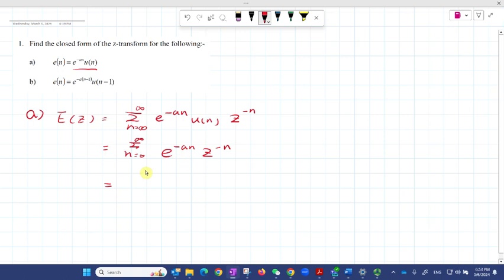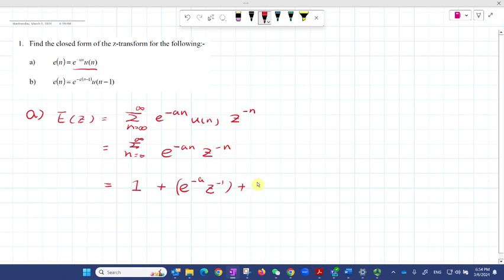For n equal to 0, this one equals 1, this one also equals 1, and 1 times 1 is 1. For n equal to 1, we get e to the order of negative a, z to the order of negative 1. Plus e to the order of negative 2a, z to the order of negative 2.